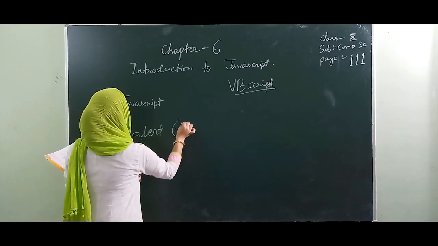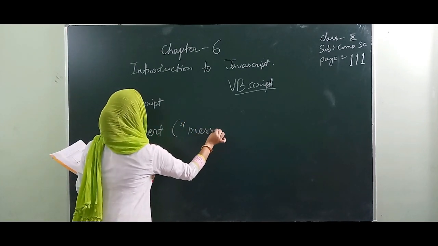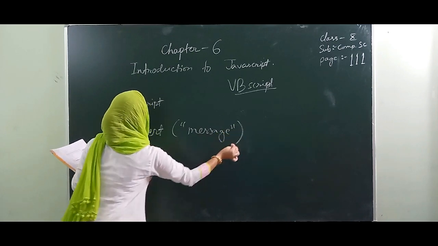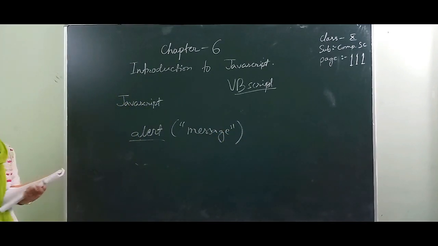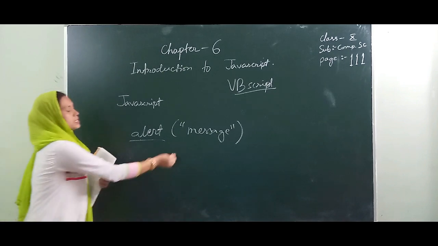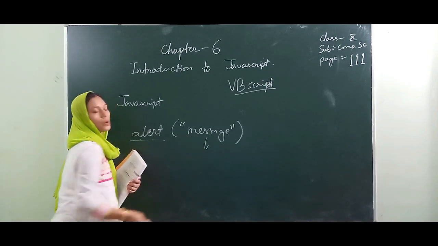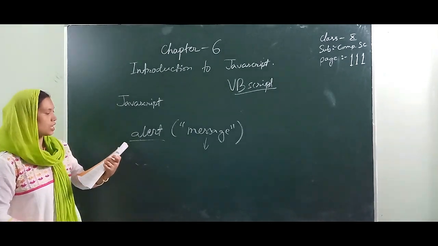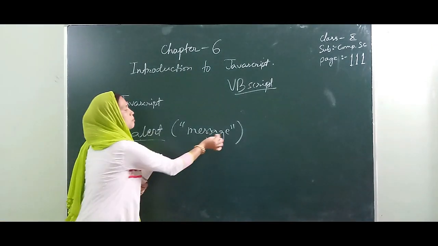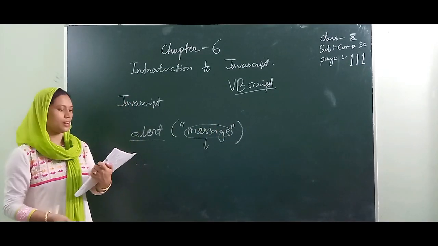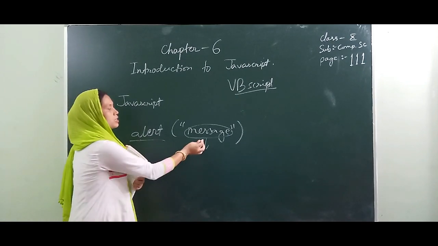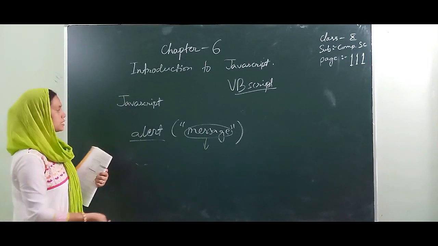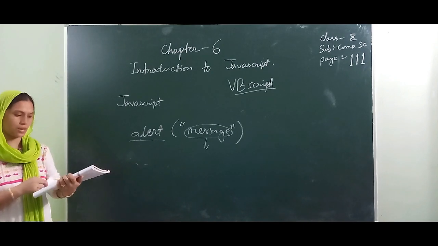Alert is the name of the statement, and message is any message that you want to display in the program. Like here, instead of message you can include hello friends, or you can write hello good morning.